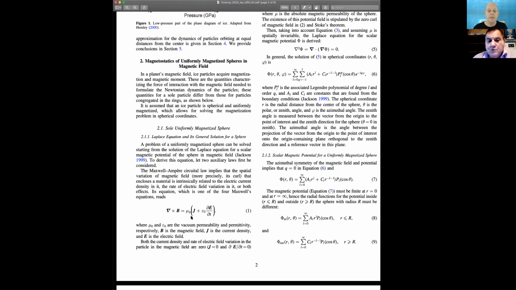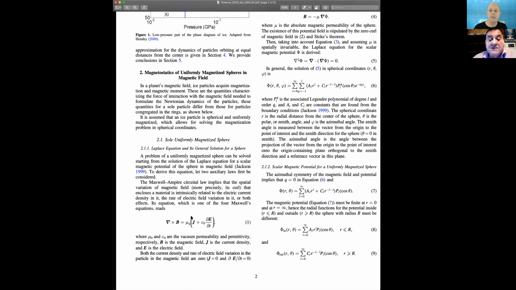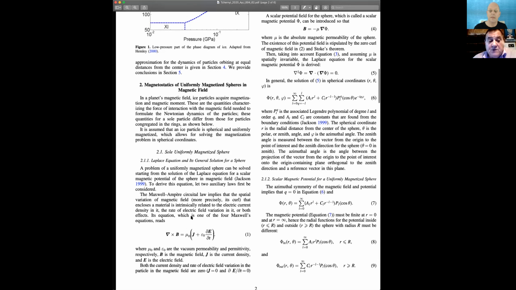First, we solve the problem of a single magnetized sphere located in an external magnetic field. We use the Maxwell equations for the case when the magnetic permeability of the sphere is unchanged. We obtain the equation for the magnetic potential, expression 5, associated with the external magnetic field, which is expression 4. Then in paragraph 2.1.2, we study the scalar magnetic potential for a uniformly magnetized sphere.